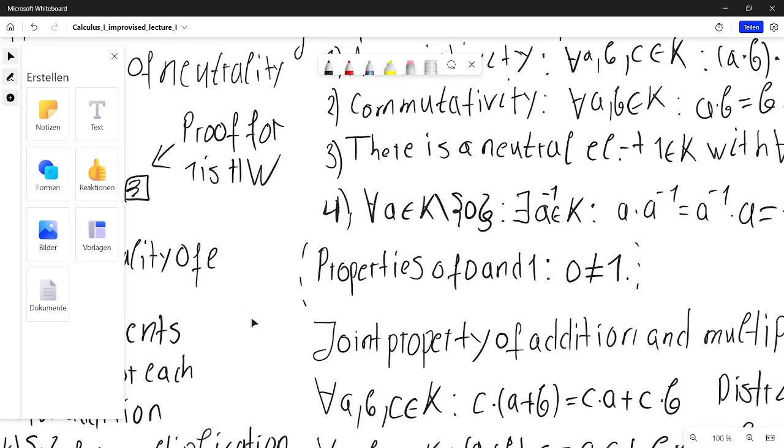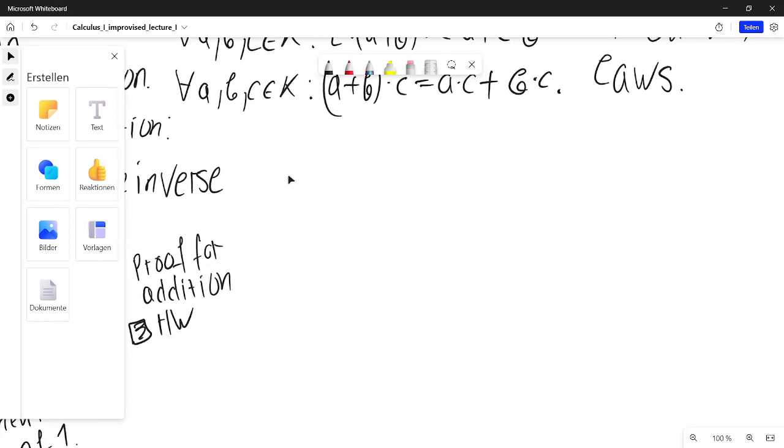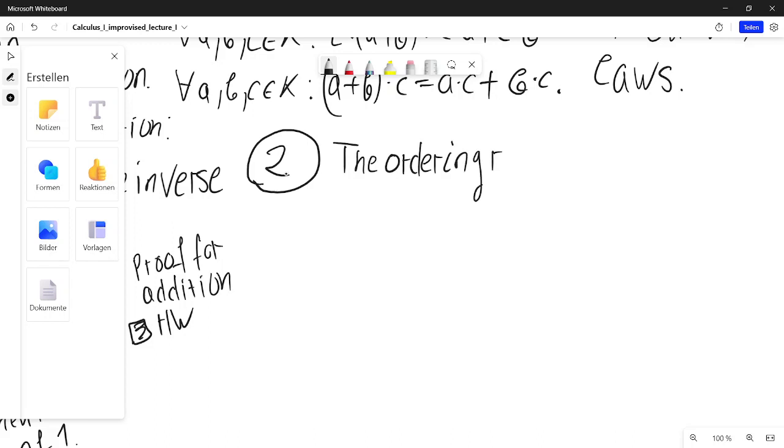All right, let's go to the second property of real numbers, the second big property. And the second big property is called the ordering relation. Why ordering? Well, you can figure it out in a second.